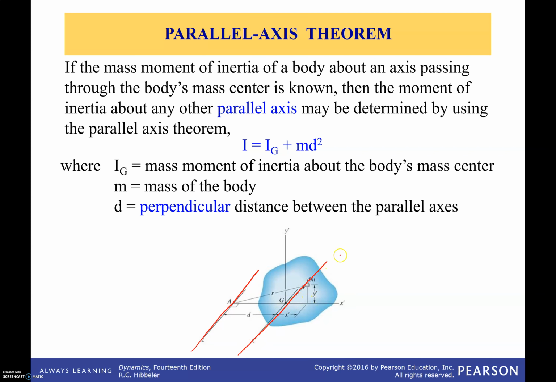If I know the moment of inertia I prime about this axis, then the moment of inertia about this axis is equal to I prime plus the mass of the object times its distance squared. That's all the parallel axis theorem says. The demonstration is in the book. It's very simple. Just read that and let me know if you have any problems. We can discuss it.